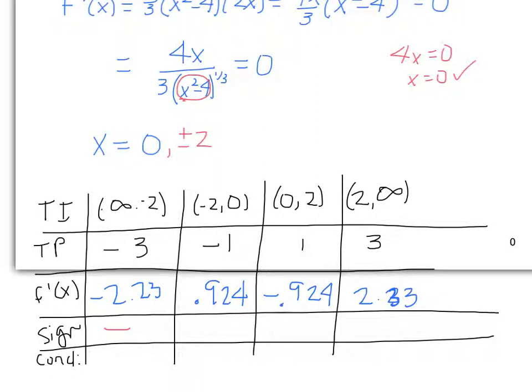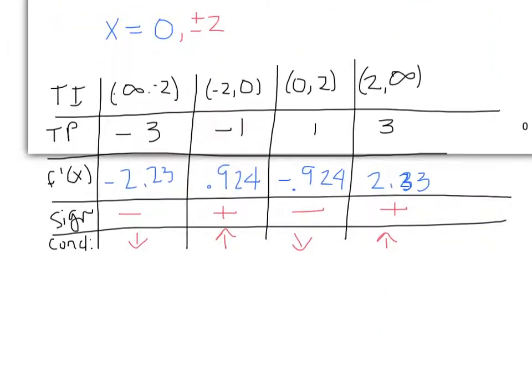I'm going from negative to positive to negative to positive, or I'm decreasing, increasing, decreasing, and increasing. So if I sketch this out, I'm going down, up, down, up, which means that I have a max and 2 mins here.